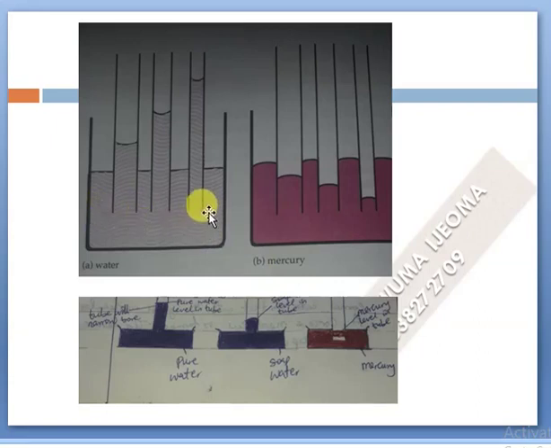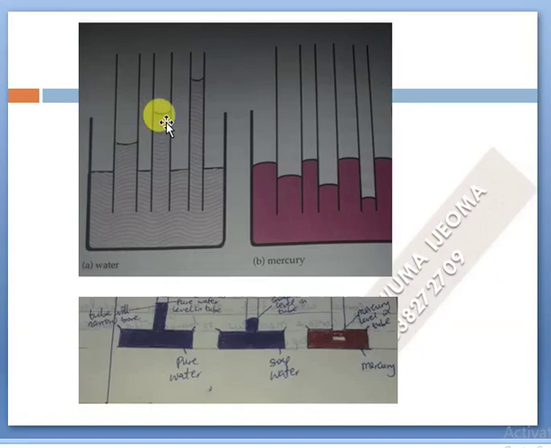Now you look at this tube. This tube is the narrow tube. Look at the rise in the water level in the narrow tube. When you immerse it in this beaker of water, the level of water rises higher than when you have the diameter of this tube more than the narrower one.